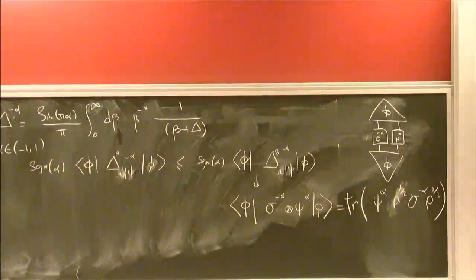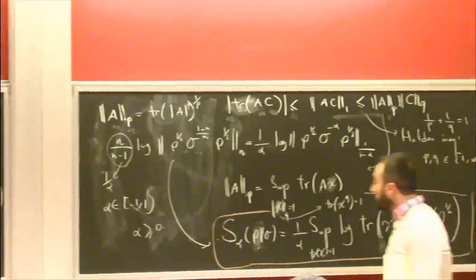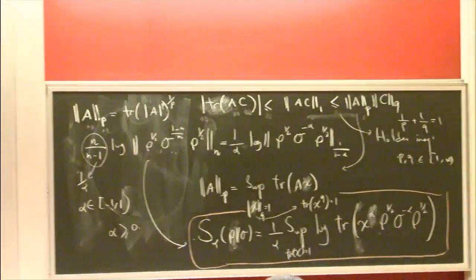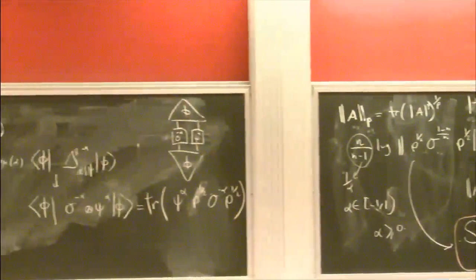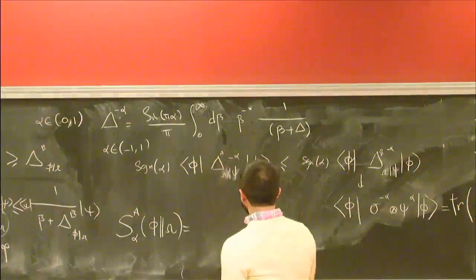This should be familiar from here. This is the same expression with chi and psi swapped. So the last step is basically writing the very definition of the Sandwich-Renyi.